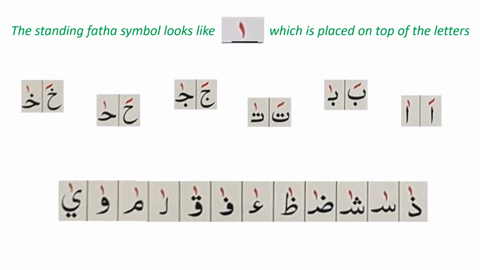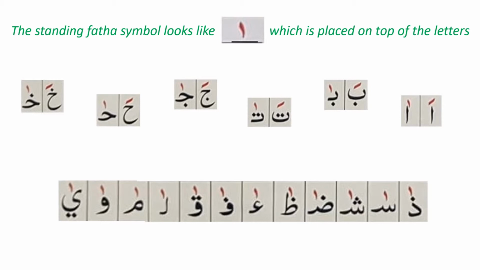Dhal standing fatha dha, sin standing fatha sa, sheen standing fatha sha, dod standing fatha da, va standing fatha dha, hamza standing fatha a, just like the alif. Fa standing fatha fa, qaf standing fatha qa, lam standing fatha la, mim standing fatha ma, waw standing fatha wa, ya standing fatha ya.